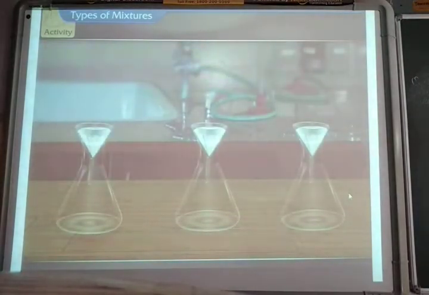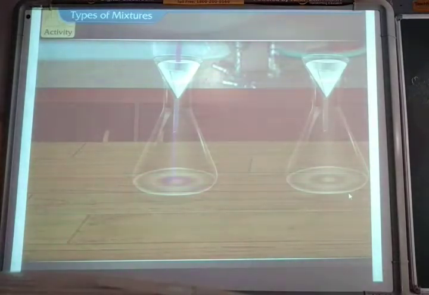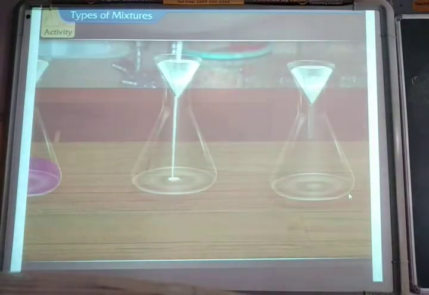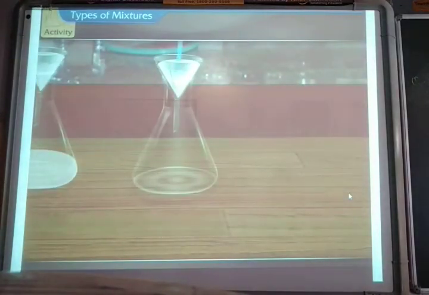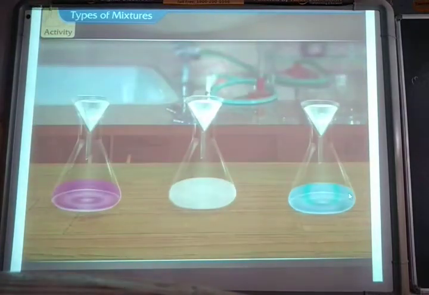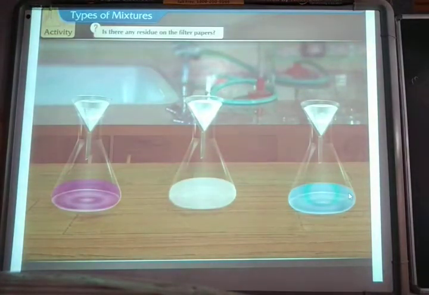Arrange 3 filtration assemblies using conical flasks and ordinary filter papers. Now, filter each of these mixtures through the filter papers. Is there any residue on the filter papers?